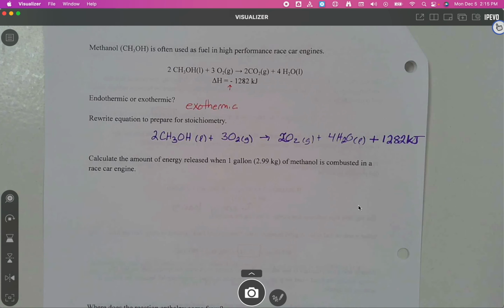So all I did was move the energy that's exiting the reaction over onto the product side because it's a product of the reaction. And now the question says, calculate the amount of energy released when 1 gallon, or 2.99 kilograms of methanol, is combusted in a race car engine.